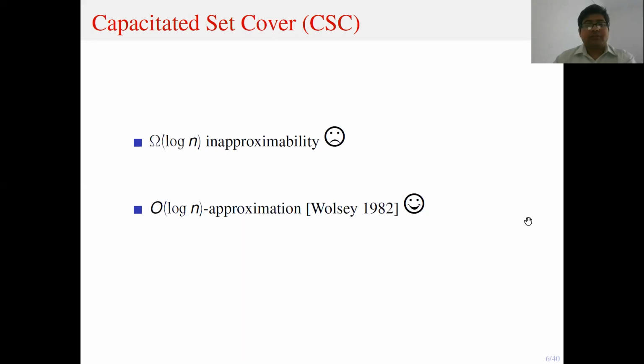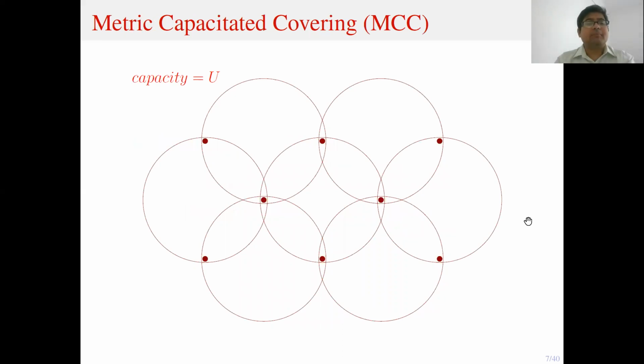Now the question is, is there a special set system for which we can break the barrier of log n inapproximability? And with that goal in mind, we study the metric capacitated covering problem.